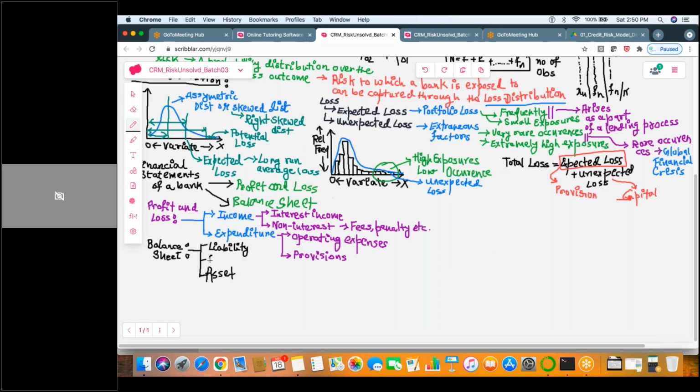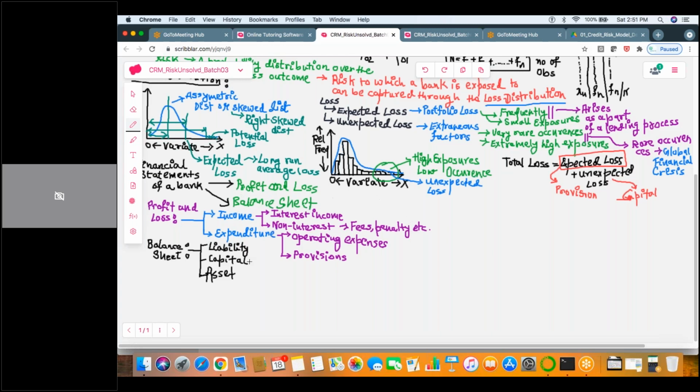And the third that I have over here is the capital. So over here we have liability, capital, and asset.